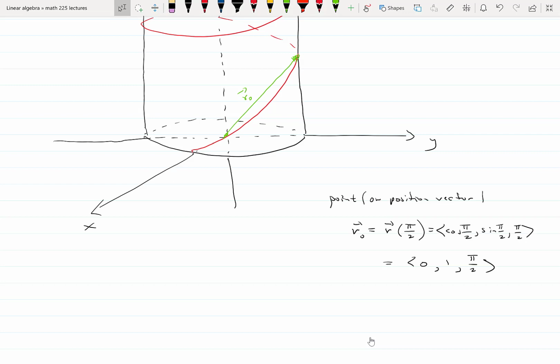The tangent vector cannot have a non-zero y component. The tangent vector should be in the direction of the xz plane. We're on the right edge of this cylinder, so we should be in the direction of the xz plane.